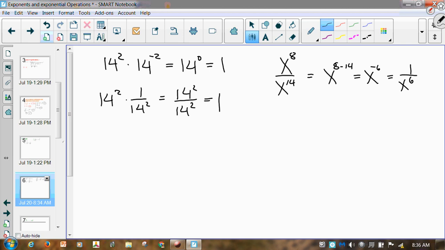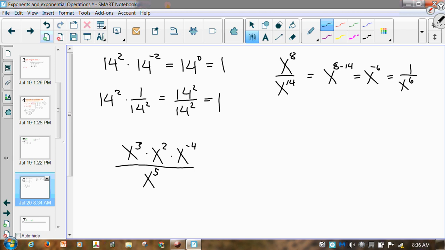Suppose we had x to the 3rd times x squared times x to the minus 4, and we're going to divide that by x to the 5th, right? Wow, okay. So is this hard? No, it's not. Just take it one step at a time. First of all, let's combine terms up in the numerator.